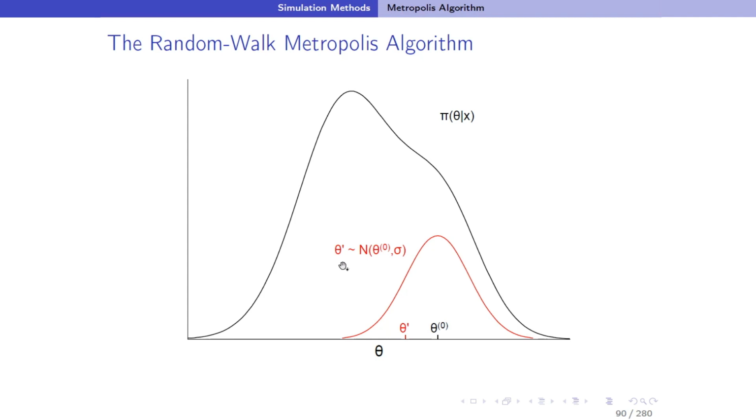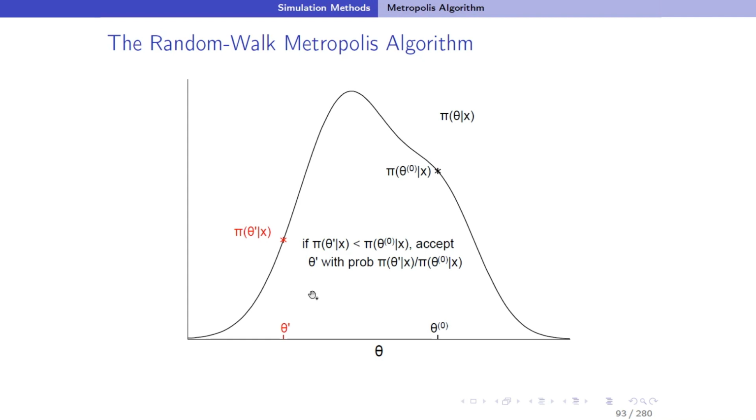Now I make a decision whether I want to accept the sample or reject it. The decision rule is such that if where I'm going to, theta star, has a higher posterior density, a preferred place, I always move there. So I'm moving from theta 0 to become theta 1. That's the second sample of the Markov chain.